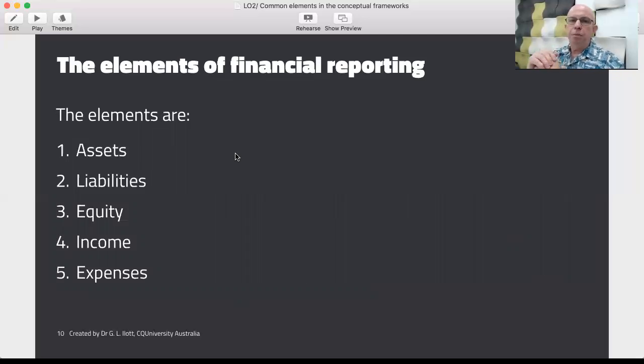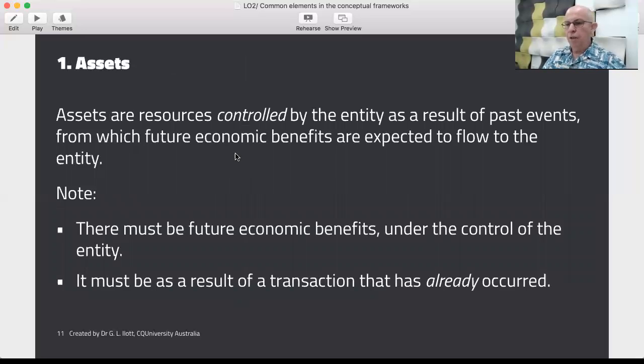Now, those two principles we apply to the various elements of financial reporting. And there are 5 elements. They are assets, liabilities, equity, income, and expenses. So assets are resources controlled by the entity as a result of past events from which future economic benefits are expected to flow to the entity.